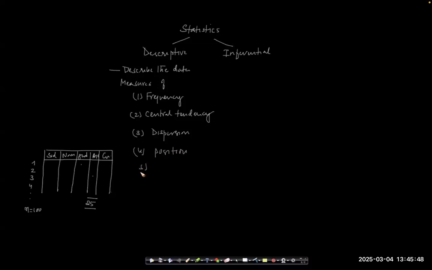There are also measures of shape, which we'll see later. So these are the different measures that we'll be talking about under descriptive statistics, the measures used to describe the data as it is.